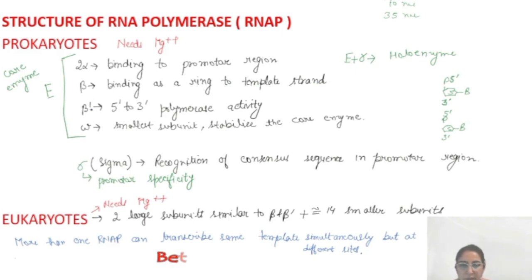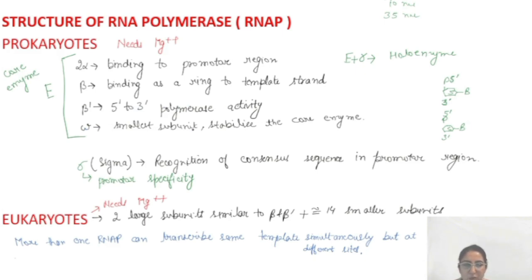Then beta 2 actually has the 5' to 3' polymerase activity. This is the functional enzymatic part, this beta 1. It has the polymerase activity, but it can only bind new nucleotides from 5' to 3' direction only.